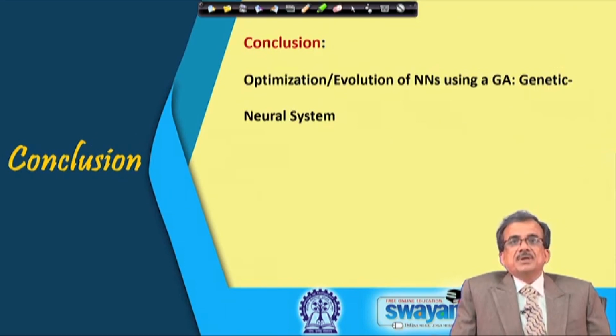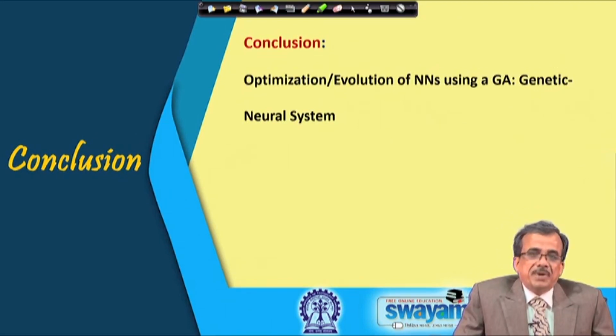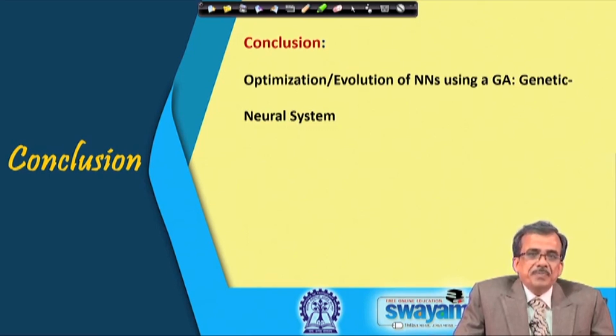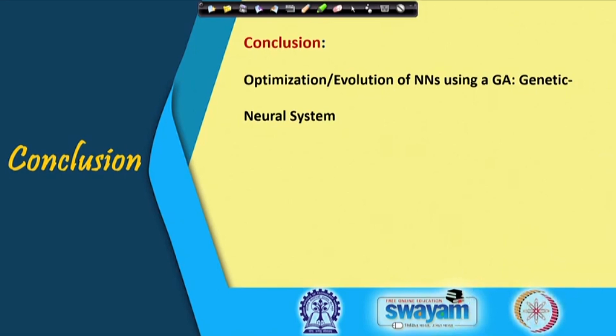And now, to conclude or summarize whatever we have discussed: the principle of the genetic neural system, whose main purpose is to evolve a suitable neural network which can predict the input output relationship of a process very accurately.